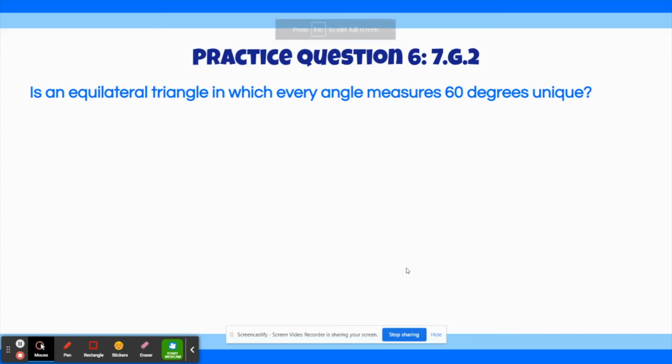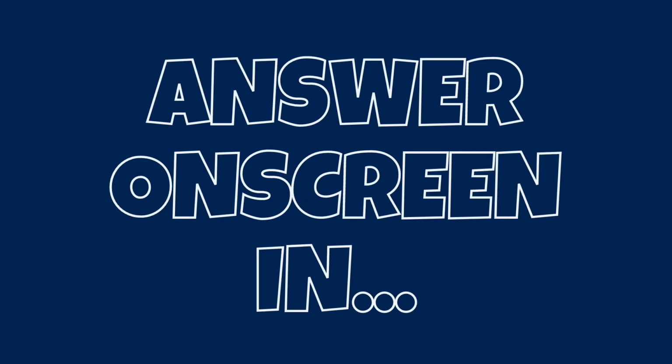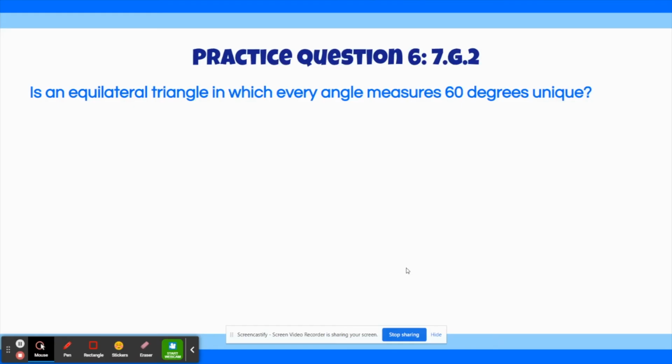Alright, so practice question number 6 says, is an equilateral triangle in which every angle measures 60 degrees unique? And the correct answer to this practice question is no, it would not be a unique triangle.